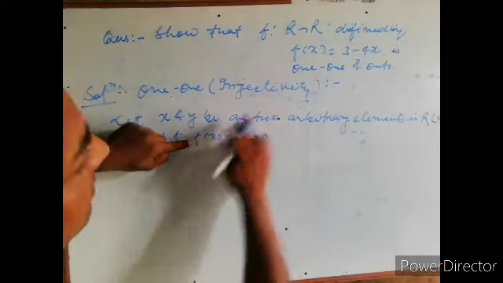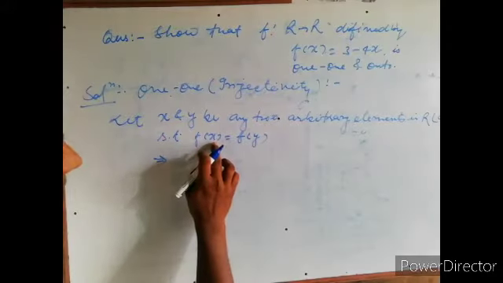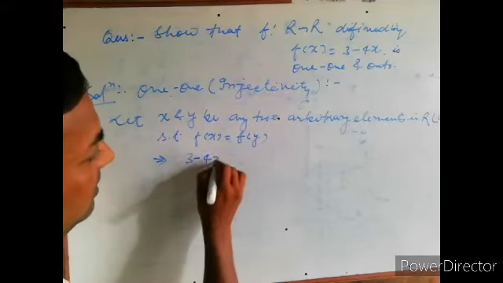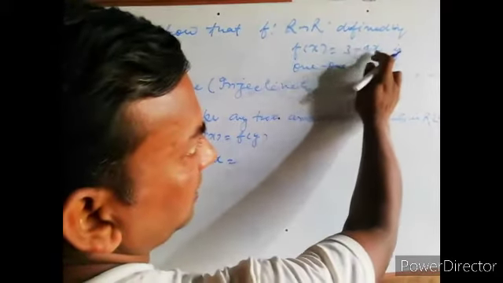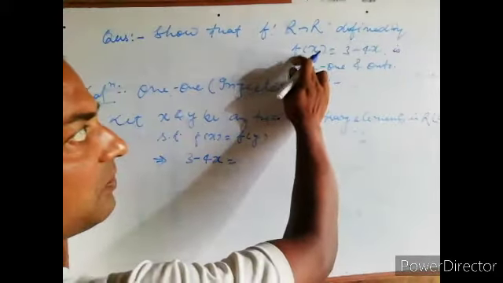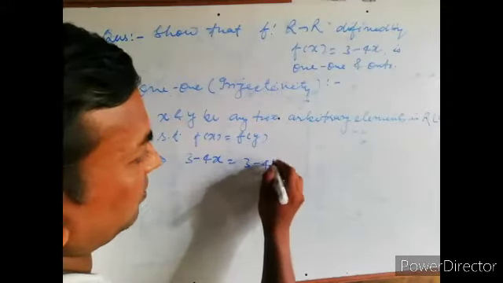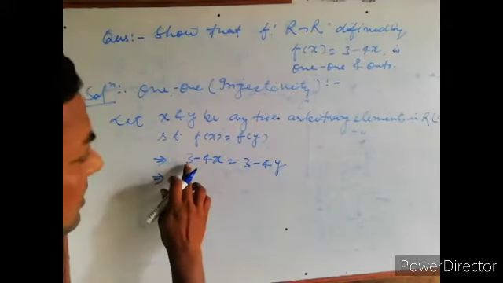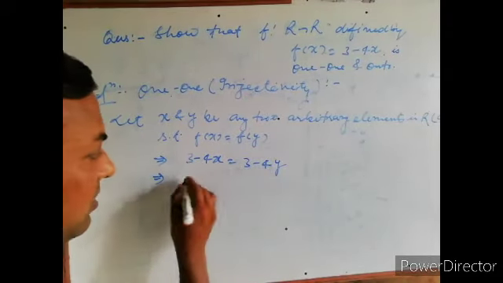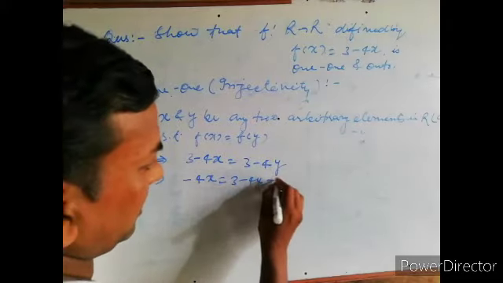The function is defined by f of x is equal to 3 minus 4x. In place of f of x, we write here 3 minus 4x, and f of y, the x replaced by y here, so 3 minus 4y. This implies, transposing 3 to the right hand side, we get minus 4x is equal to 3 minus 4y minus 3.